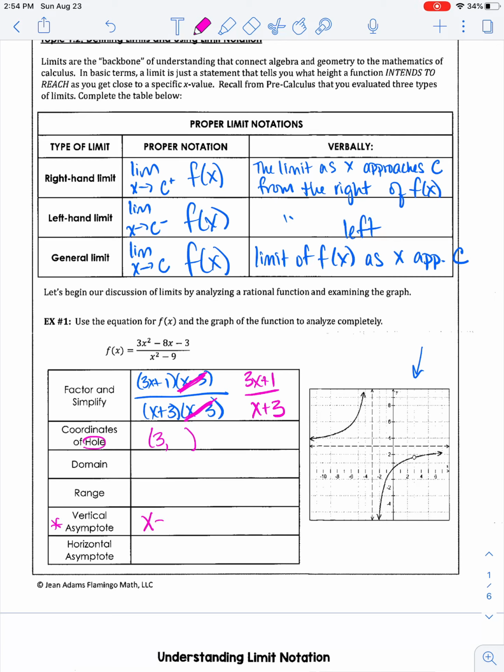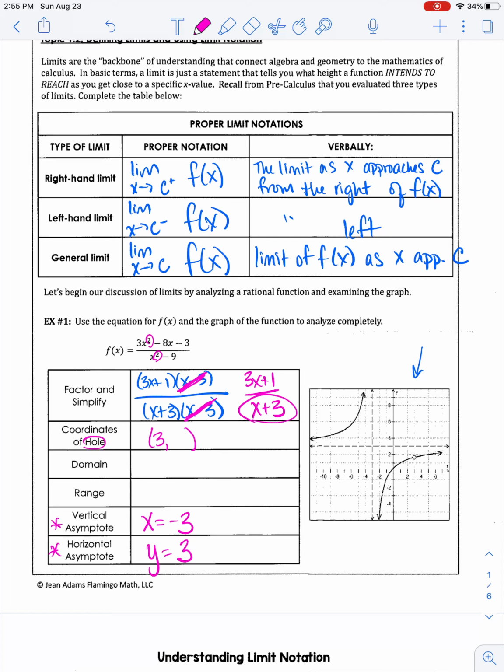So the vertical asymptote is going to be x equals negative 3. Horizontal asymptote, that's where you look at your powers, and you can see that the power on the top of the original and the power on the bottom of the original are the same. So this is that y equals a over b. So y equals 3, because it'd be 3 over 1.